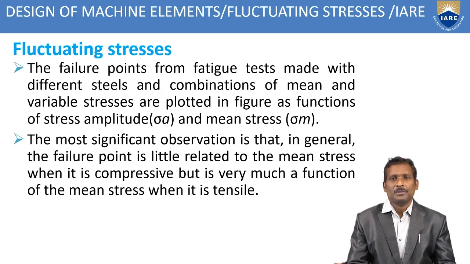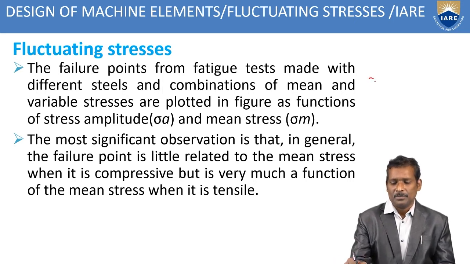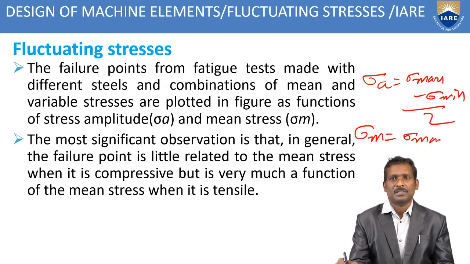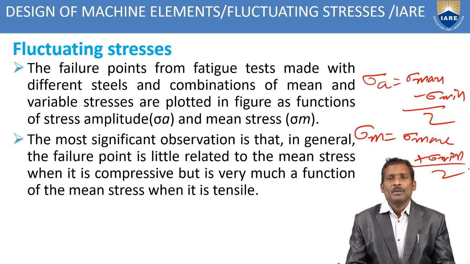The stress amplitude we can calculate by using the relation sigma max minus sigma min divided by 2. Similarly, the mean stress is the average of these two stresses, sigma max plus sigma min by 2. So we will get the mean stress and stress amplitude.